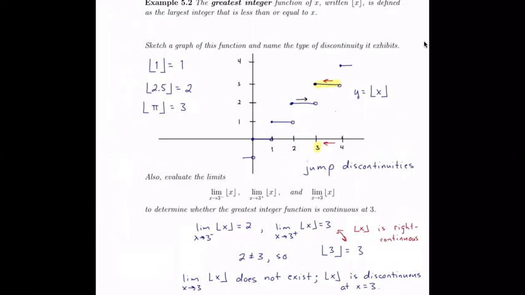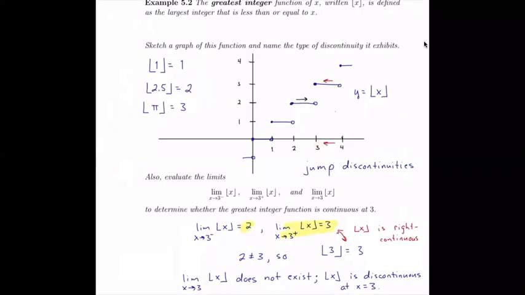And so that tells us our limit in this case. We're approaching 3 from the right on this x-axis, so our limit in that situation is 3. So from the right, it's 3. From the left, it's 2.